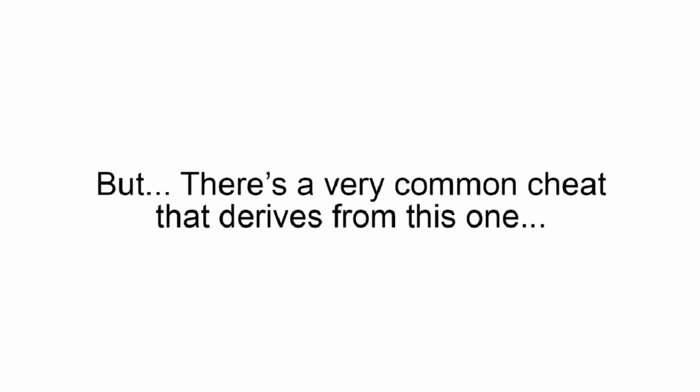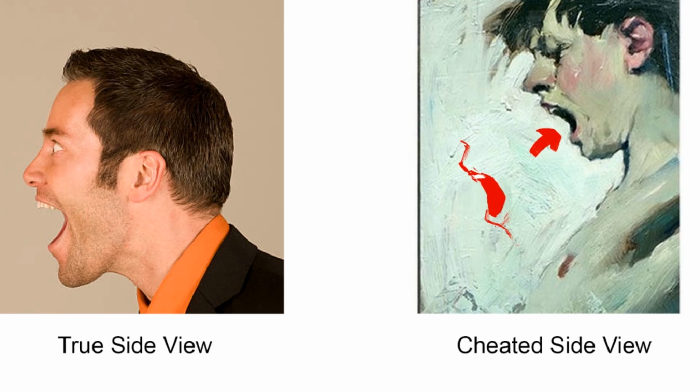Now, of course, if that's all, then this video would be rather short. But there is one more layer to the cheating that derives from this one. It's the idea of the true side view versus the cheated side view. I opted to use a fine art painting to show that even at the highest level of fine arts, these artists will cheat.